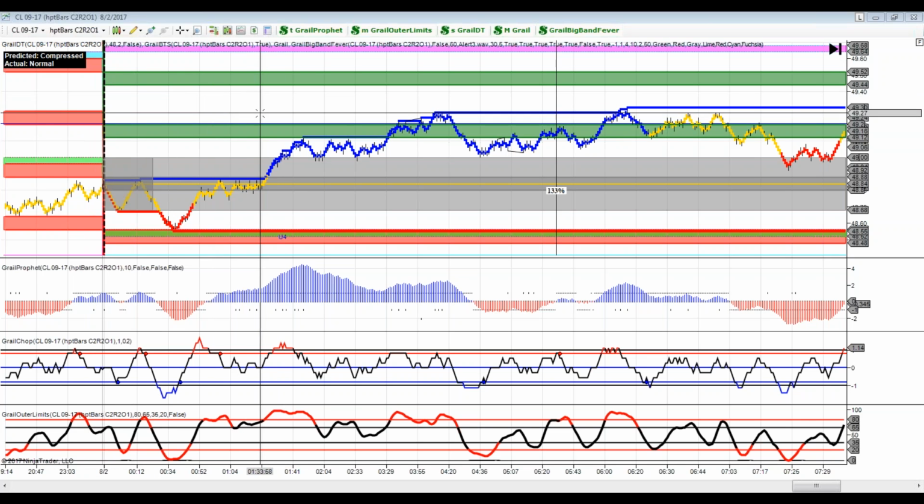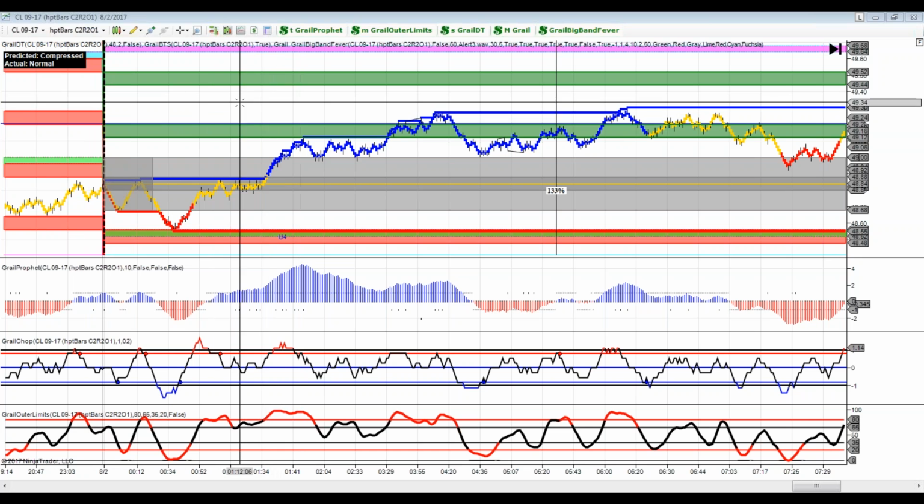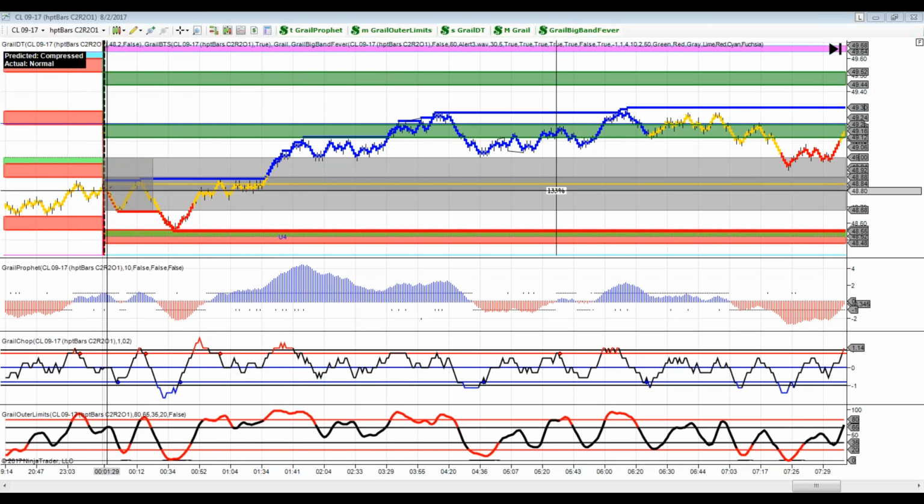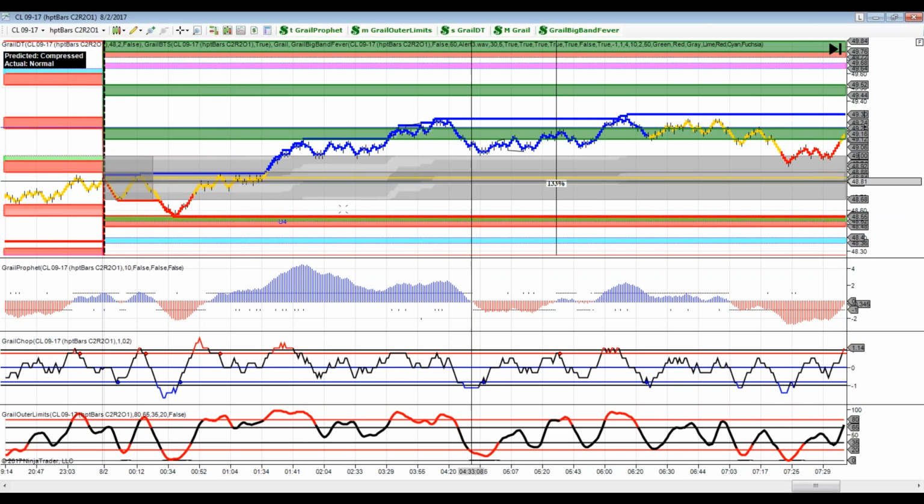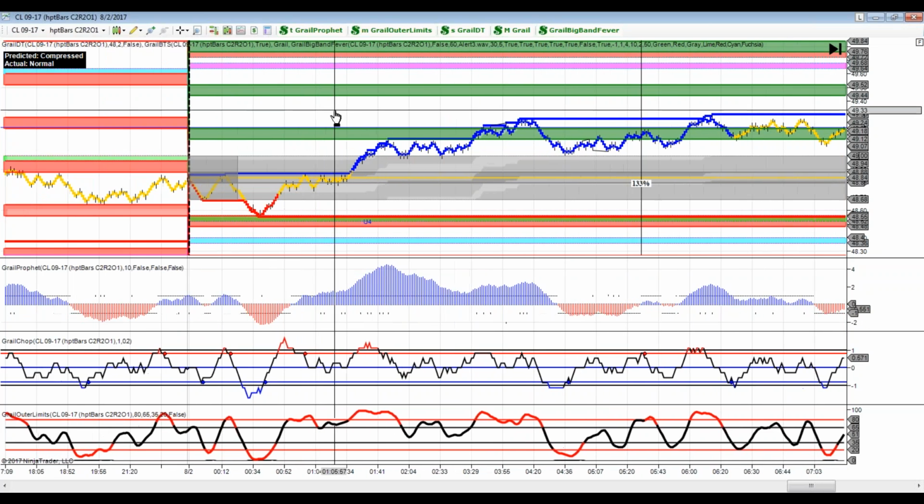So if you ever see compressed on an oil inventory day, it's going to go to normal or expanded. But again, at maybe 2 seconds after midnight Pacific, 2 seconds after 3 a.m., it was predicting this was the #1 smart market profile level that it was predicting for the day.